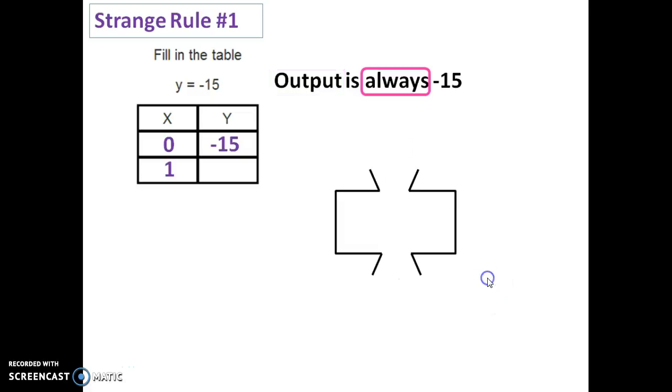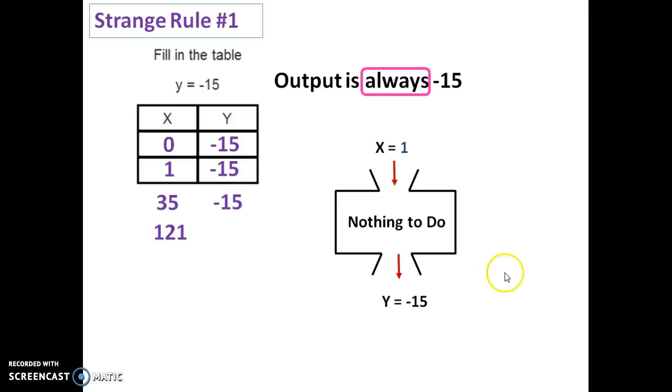We could also choose 1, put that into our machine. There's nothing for that to do, our output is negative 15. We could input 35, our output would still be negative 15. We could input 121, and our output would still be negative 15. So no matter what x values we choose, our y value is always negative 15.